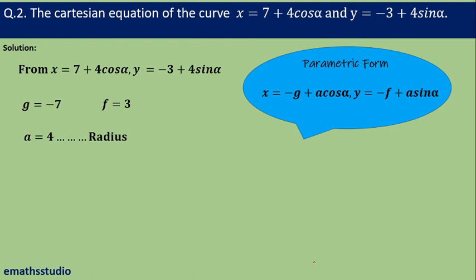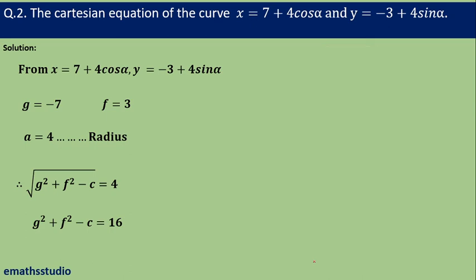Now, our formula for the radius is root of g square plus f square minus c, that is 4. So, one can write after squaring, g square plus f square minus c is equal to 16. Now, what are the values of g, f and c you have?